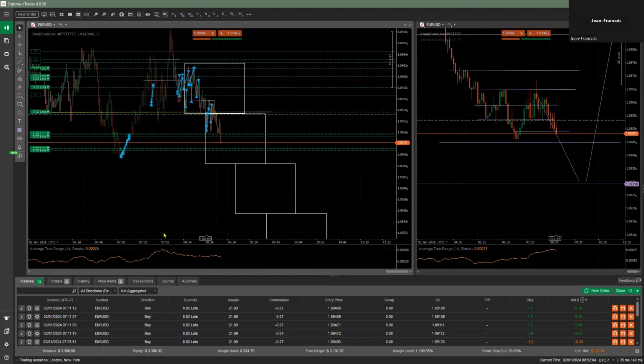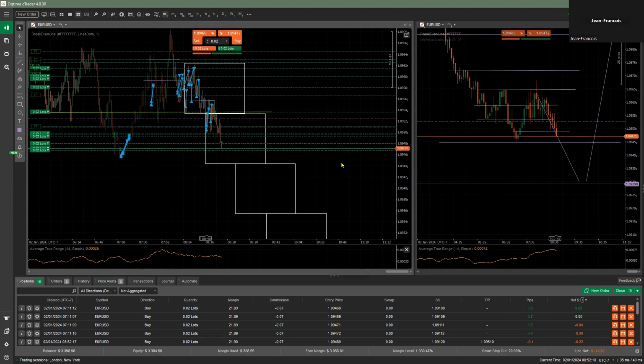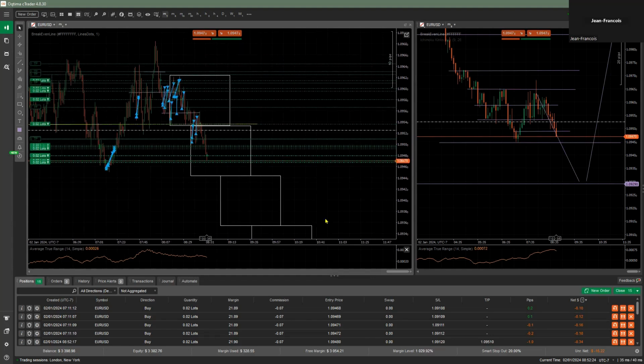We cap our losses at 36. We engineer everything else. So it's this engineering that makes us the money and keeps us safe. I just clicked twice there. Okay, so we know what to do.